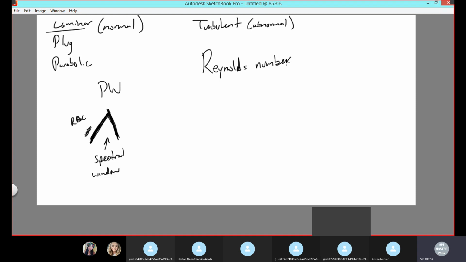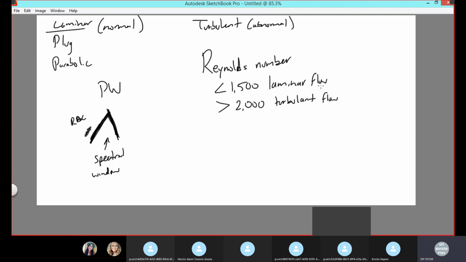It's a one question sort of deal, where you have to know what Reynolds number could be laminar and what Reynolds number could be turbulent. If your Reynolds number is less than 1500, you will have laminar flow. And if your Reynolds number is over 2000, you will have turbulent flow.